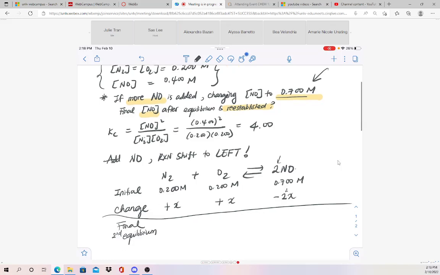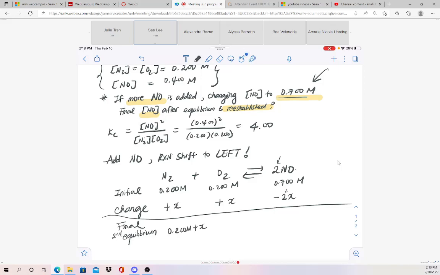Then the final concentration after the second equilibrium is re-established is going to be 0.200 plus x, 0.200 plus x, 0.700 minus 2x. You apply the change.